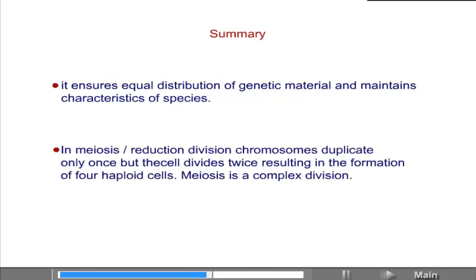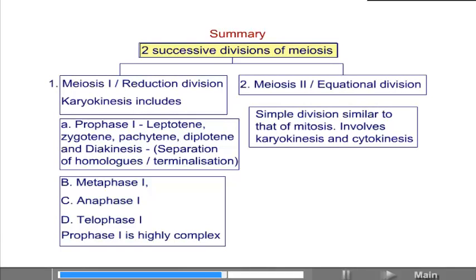In meiosis, or reduction division, chromosomes duplicate only once, but the cell divides twice, resulting in the formation of four haploid cells. Meiosis is a complex division. The two successive divisions of meiosis are Meiosis I or reduction division, and Meiosis II or equational division.